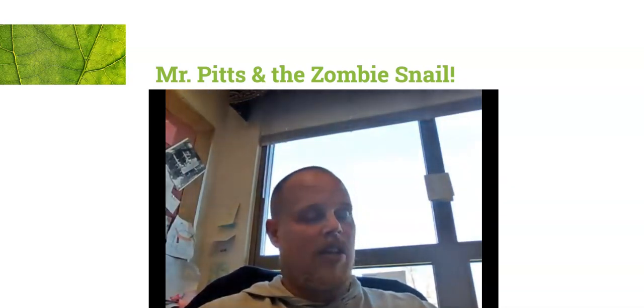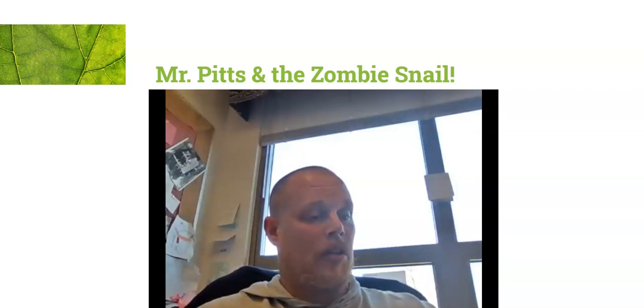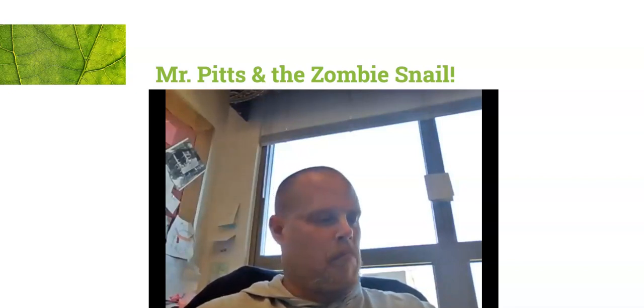Why? In science, they call it aggressive mimicry, which very simply means it pretends to be something else. But to what end? The intended outcome of this is for the parasite to lure something to eat it. So it wants to get eaten.